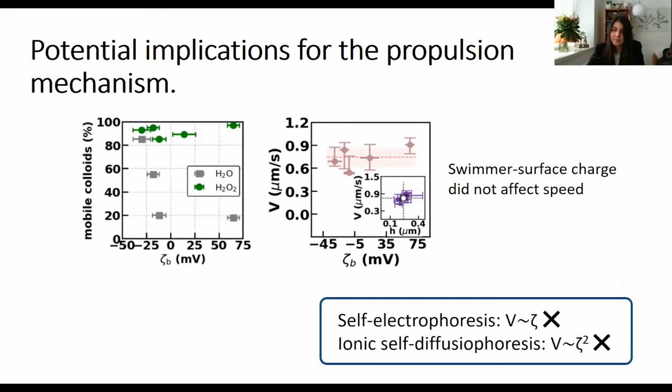However, going back to self-electrophoresis or also ionic diffusiophoresis, this is not what is predicted. For example, self-electrophoresis proposes that the speed should scale with the zeta potential. And this is something that we do not see here, and it led us to think that it could be that ionic effects are not important around the swimmer itself.